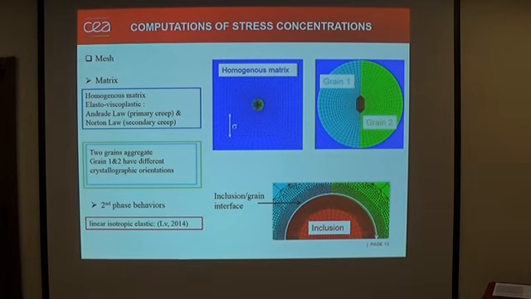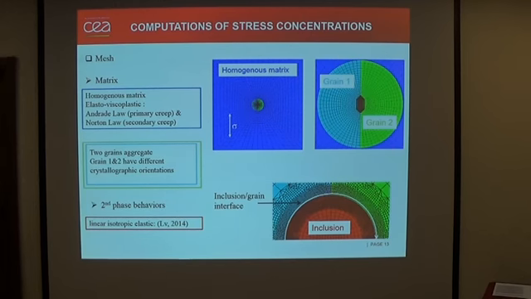That's why we made this mesh for our calculations. It has a homogeneous matrix outside, which is elasto-viscoplastic, using a law for the primary creep and Norton's law for the secondary creep. Inside, we have two grains with different crystallographic orientations using our viscoplastic law.